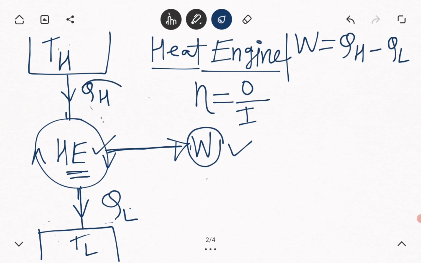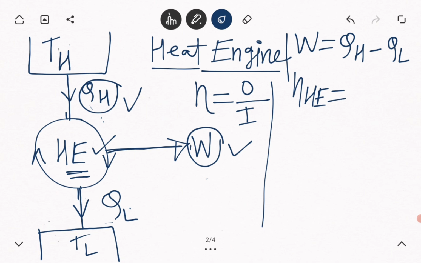That is QH, the amount of heat supplied to the heat engine. So efficiency of heat engine is equal to output, which is mechanical work, divided by the input, which is the heat given to the heat engine, which is QH.